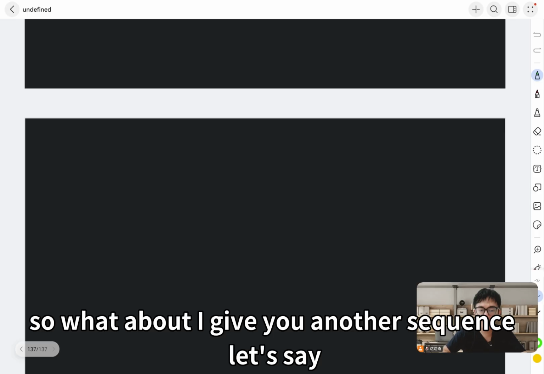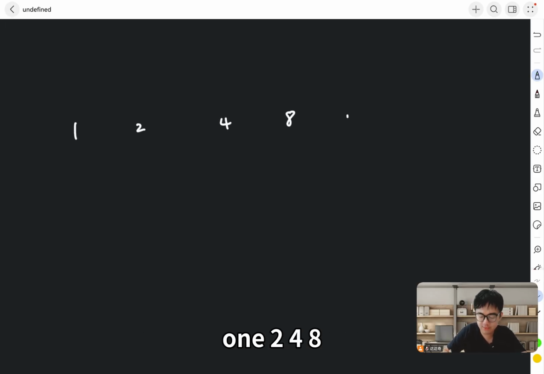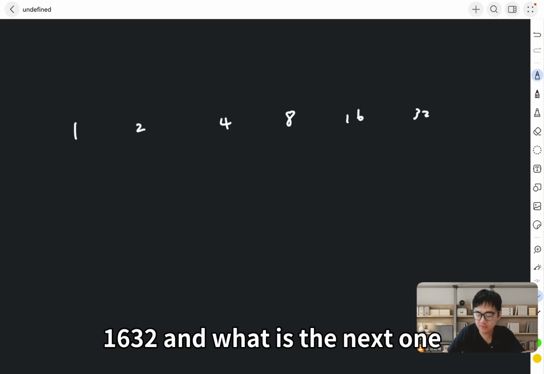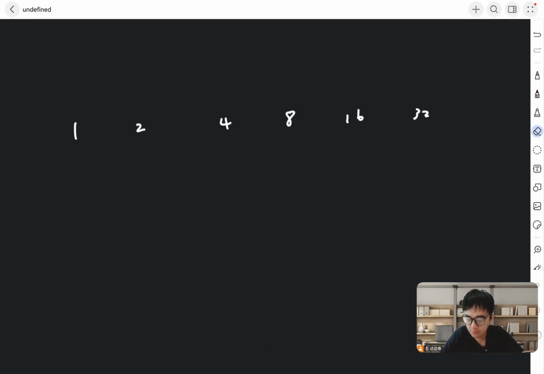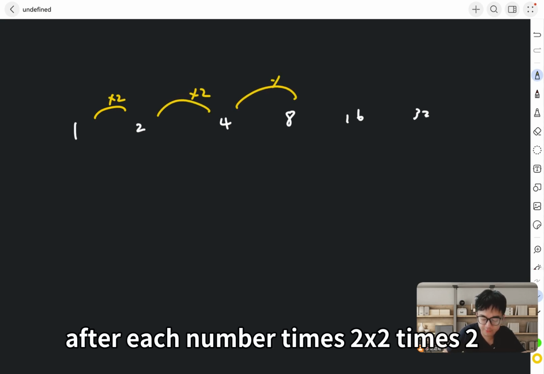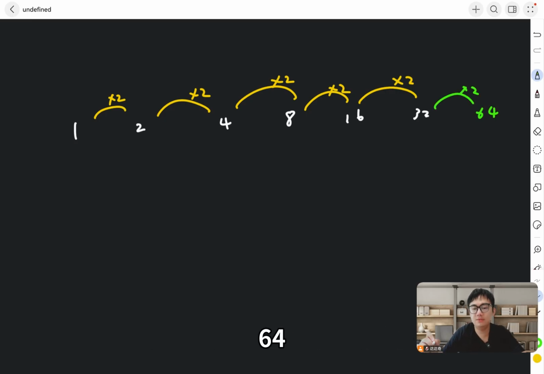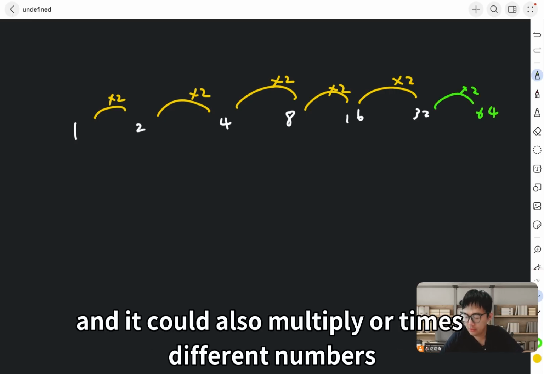So what if I give you another sequence, let's say 1, 2, 4, 8, 16, 32, and what is the next one? You see from the pattern here, they just times 2 after each number, times 2, times 2, times 2. So the next one would be 64. And you could also multiply by different numbers.